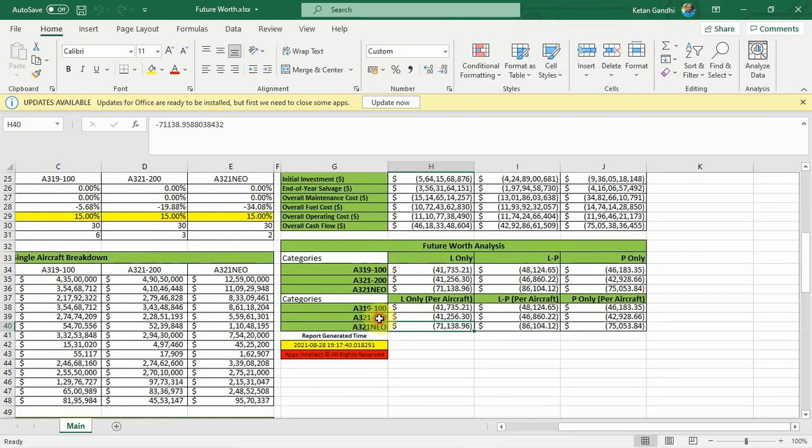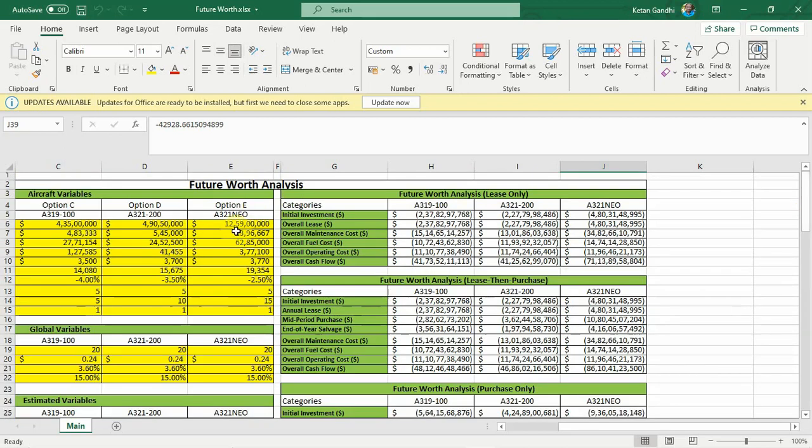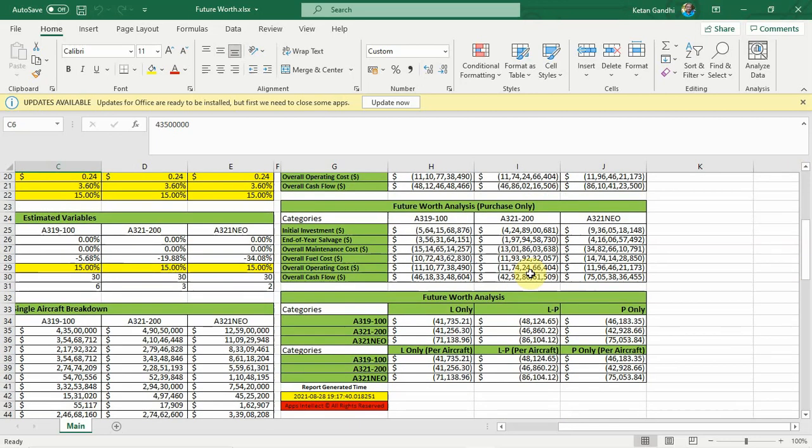Similarly with the A321, all the calculations are done the same way, and this is the future worth on the investment of, say, 49 million 50,000, and its worth. What the future worth is, is mentioned in these particular columns.